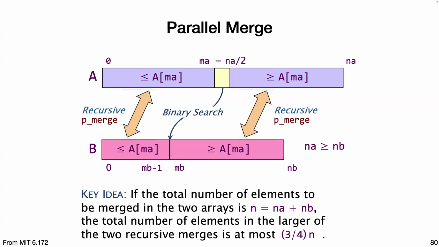The way that we can prove this 3/4 is that A is bigger than B, and so A is at least cut in half. So this thing can at most contribute the size of A, which is at least half the total size. Does that make sense?